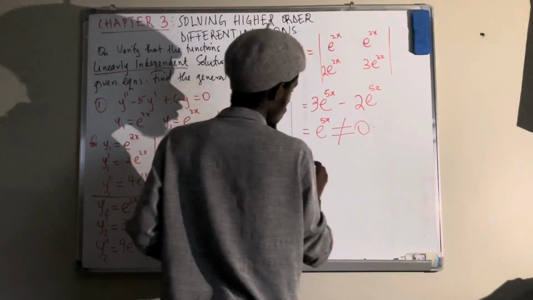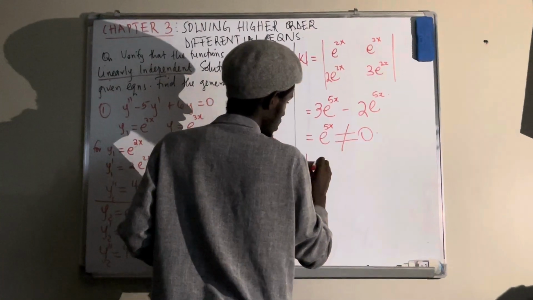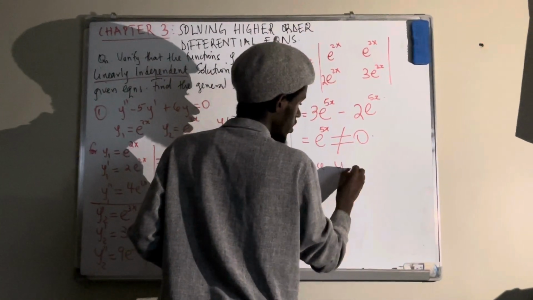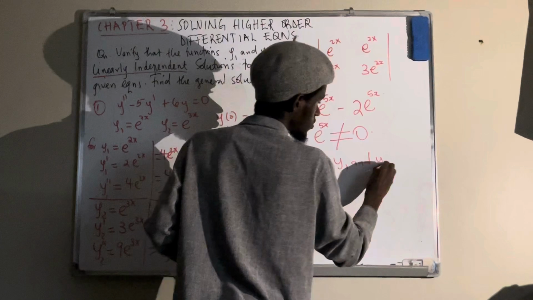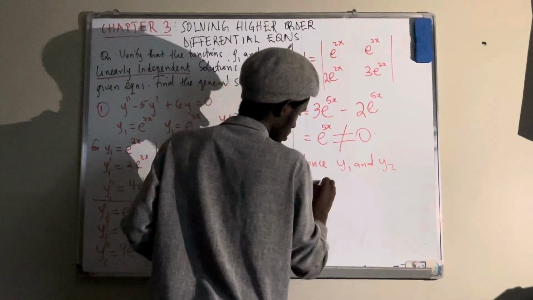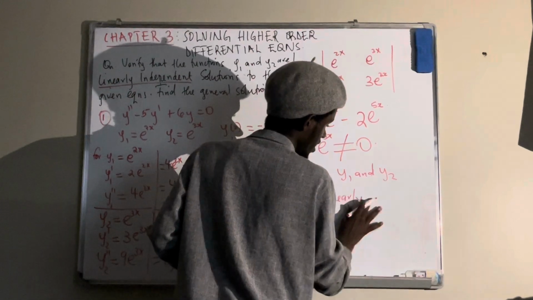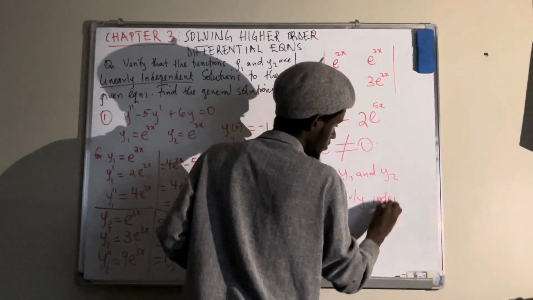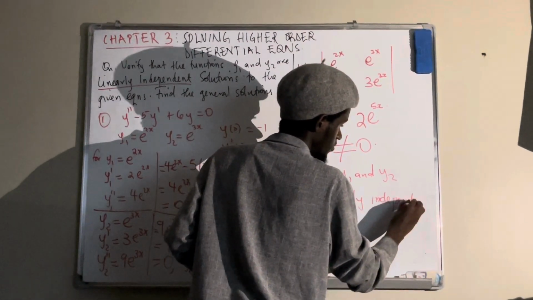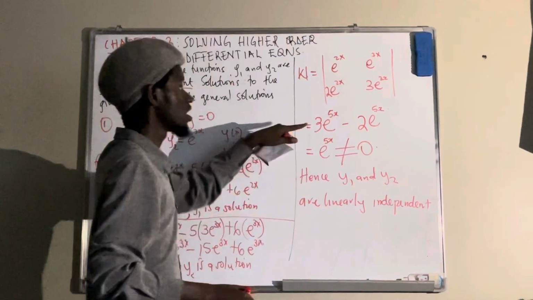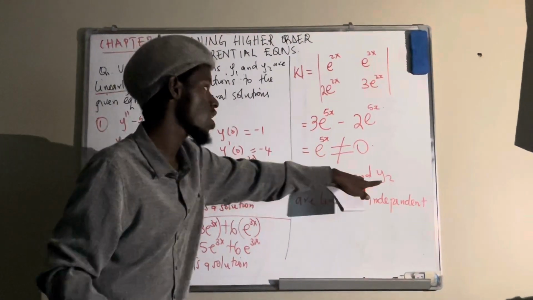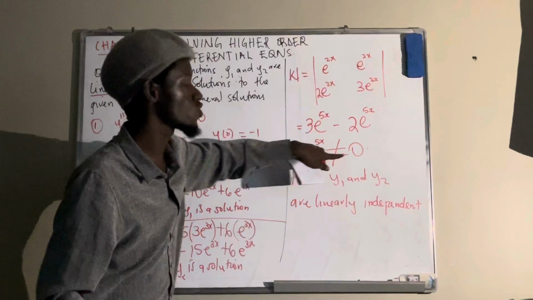Therefore, I conclude that the solutions y1 and y2 are linearly independent, because the Wronskian is not equal to 0.